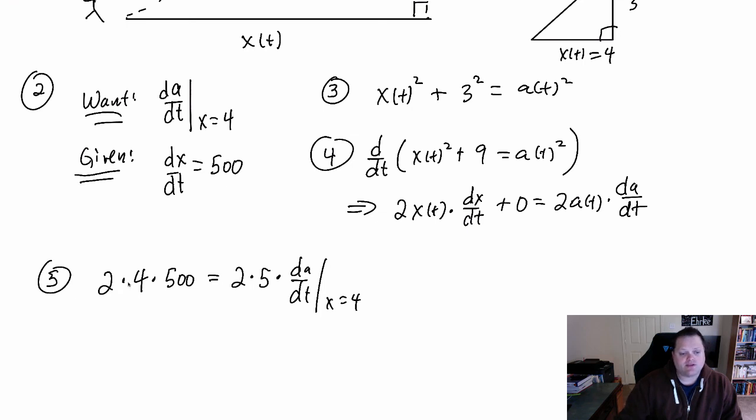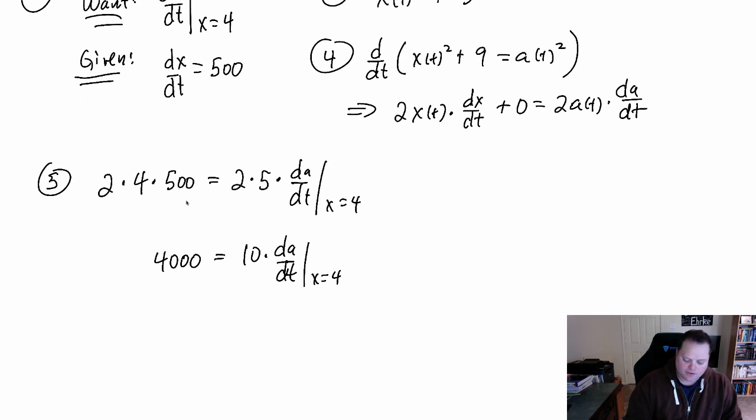So on the left-hand side, you've got 8 times 5 is 4,000. And on the right-hand side, you've got 10 times dA/dt. So dividing by 10, you're going to have 400 is equal to dA/dt when x is 4. Let's be careful about the units here.